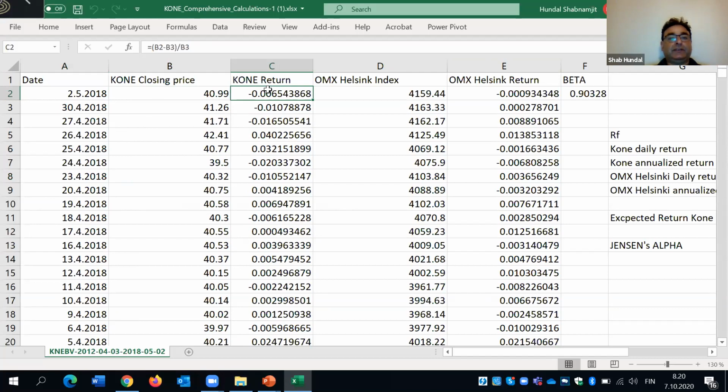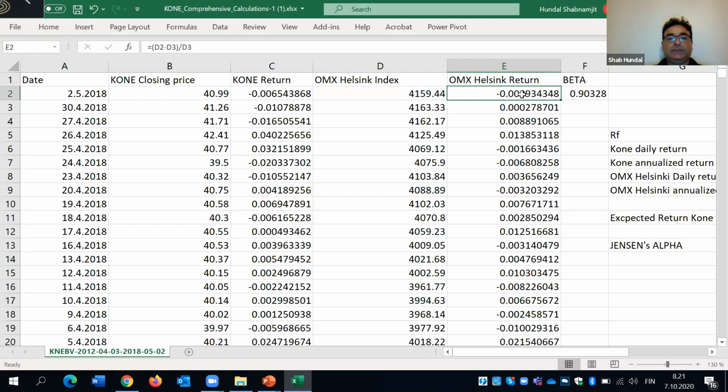And then we see the daily return of Kone. So this is how we calculate. I think there's nothing that you don't know about it. And then we have the OMX Helsinki index values, and based on that, we make a calculation as well.